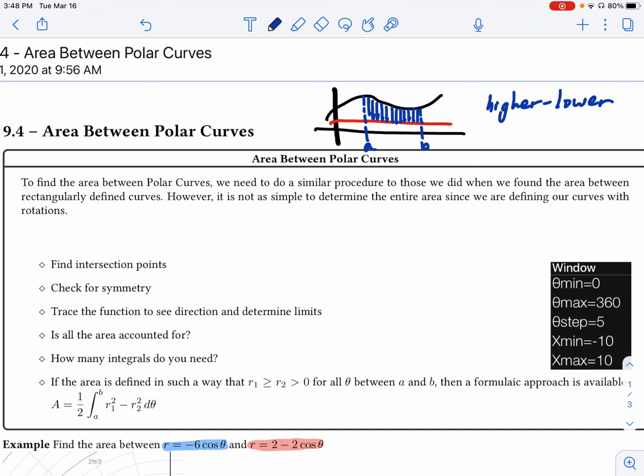Also, consider that we can use our calculators to help us trace the function and see what our limits of integration might be. And probably one of the biggest questions for us is to ask ourselves, is all the area accounted for? A lot of times we're going to look at the area inside a curve and then find that we've actually missed a particular area, or we might have counted that area twice. So these are all things that we want to consider.